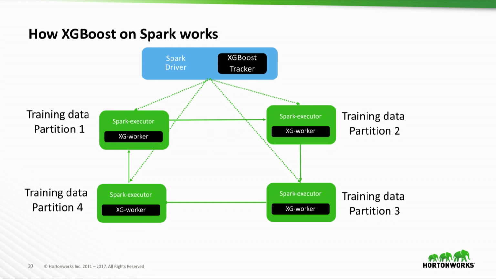So one idea is to get the Spark data frame partition data stored in Apache Arrow, and then at the XGBoost worker, we can compute directly on the Arrow data. Because the Arrow format is very standard, we don't need to worry about it changing later.